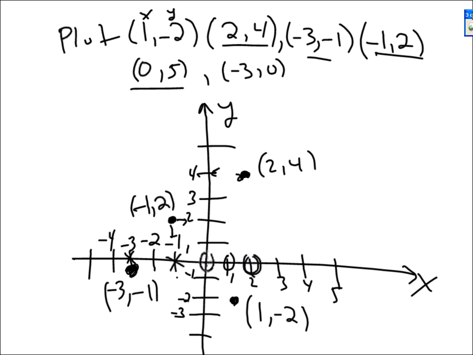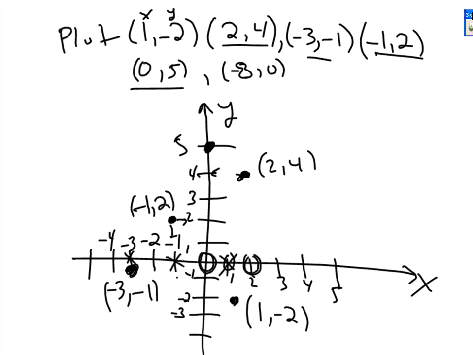(0, 5). So I don't move from the origin, but now I go up 5. If it was (1, 5), I would have moved over 1, and then gone up 5. But the x value was 0. Okay, the next one, I don't like what it says.